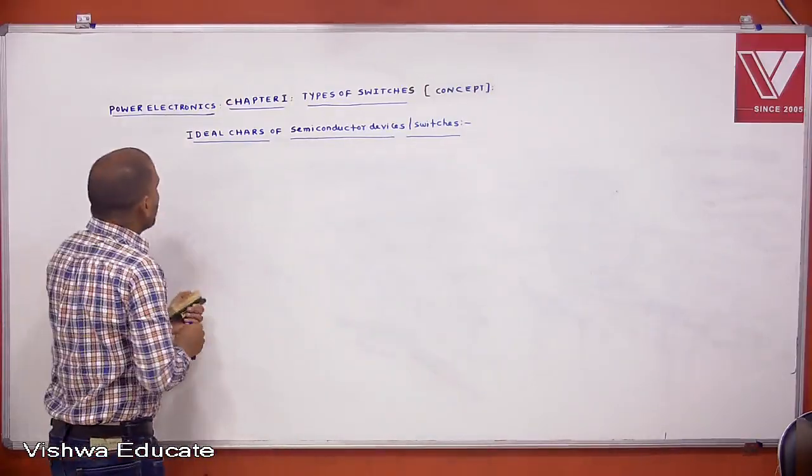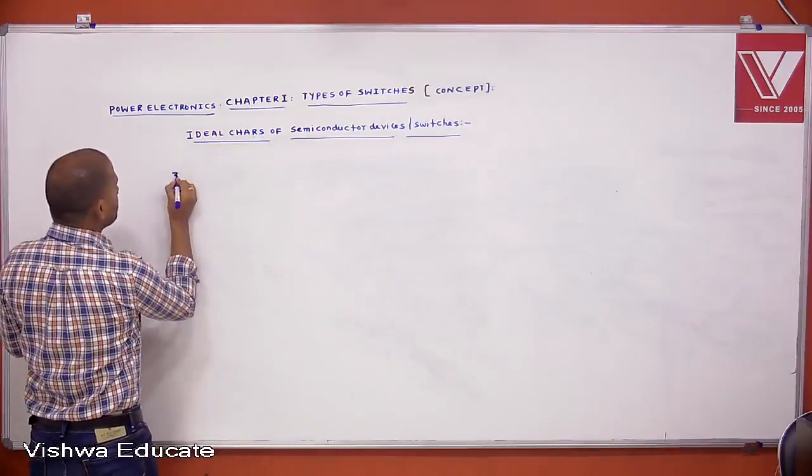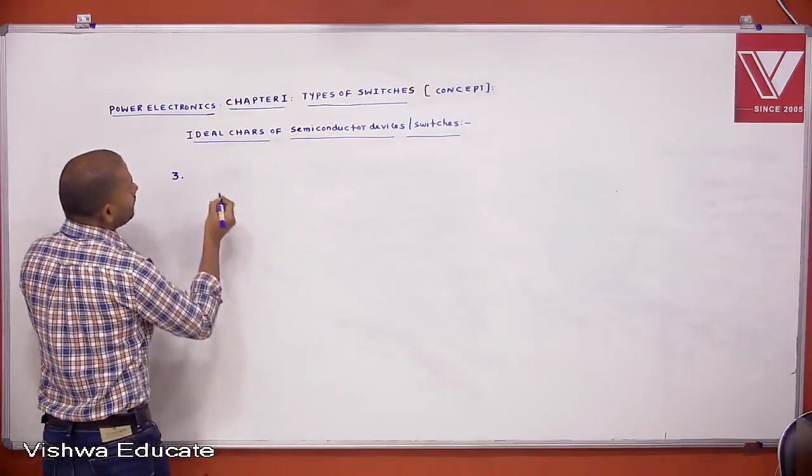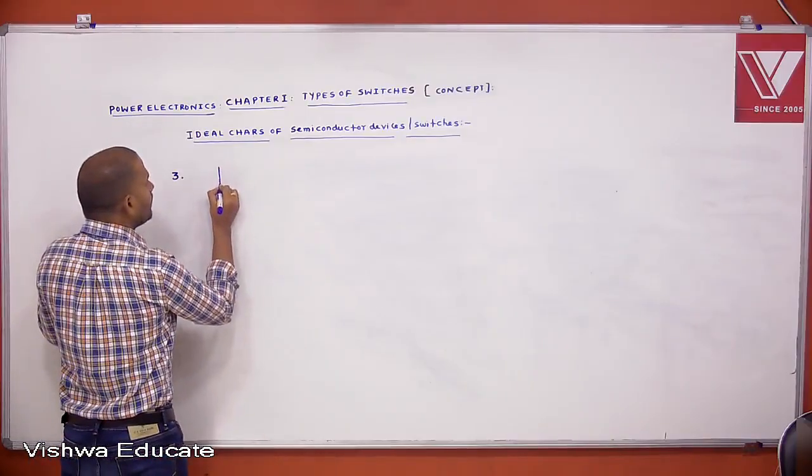Third one, you draw the ideal characteristics of these devices. This is the thyristor.